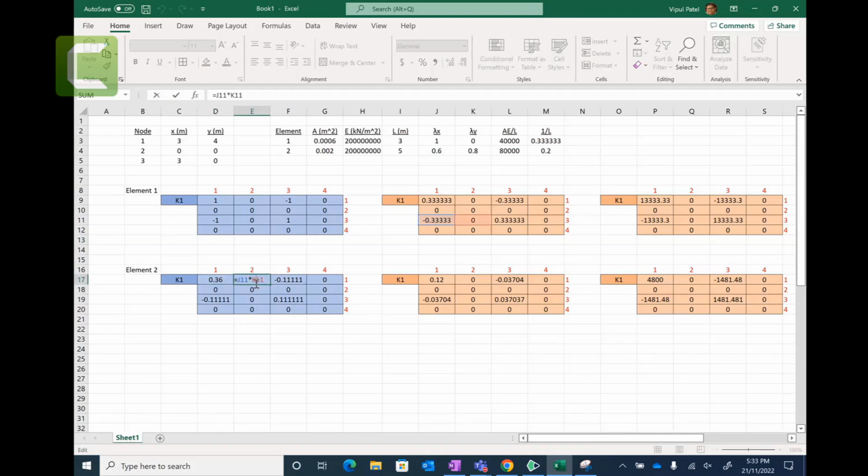You can double click on here, and then you move this for element number 2 to element number 2. And if you want, you can move this one to here. Here, you can move these two. In here, you can move these two guys here. In here, you can move these two. In here, you can move this one.